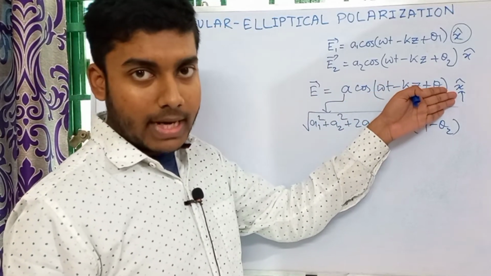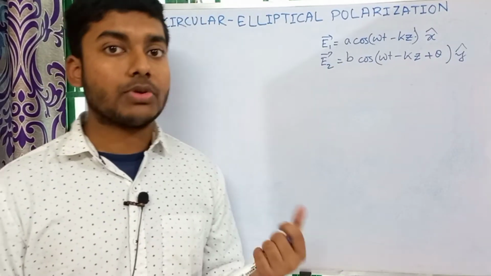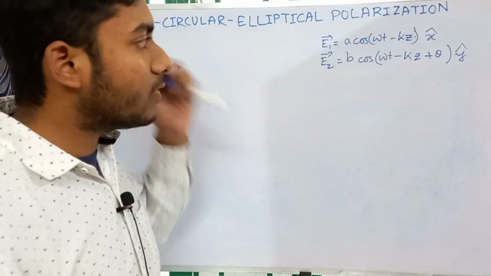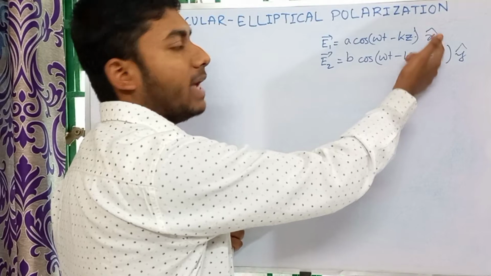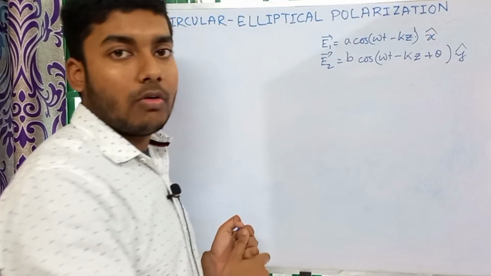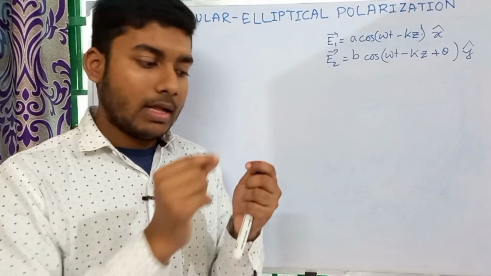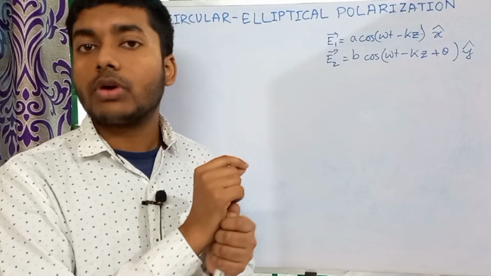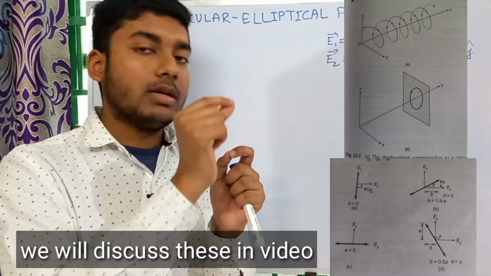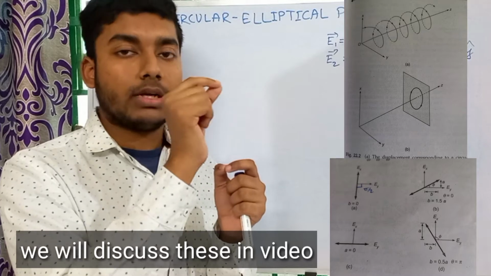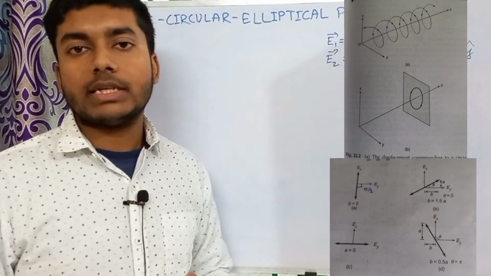But now, suppose we have two linearly polarized electromagnetic waves whose electric field components are like this. One electric field is vibrating along the x-axis and one is vibrating along the y-axis. Now we just want to see the trace of the tip of the electric field vector, or electric vector, which is vibrating. You can see it in the picture.